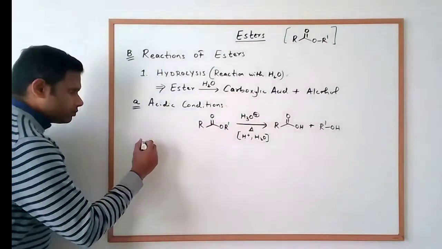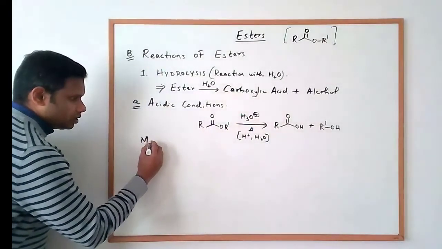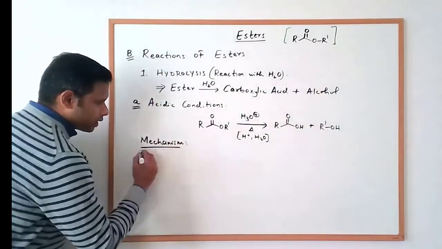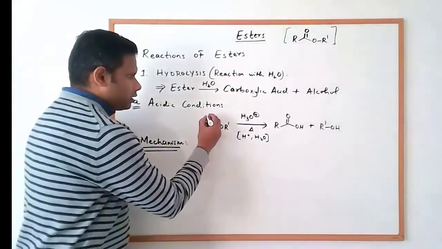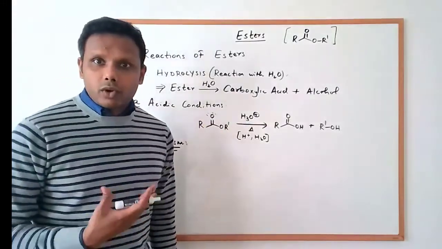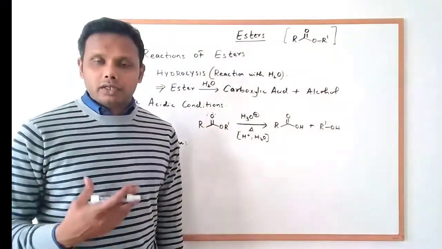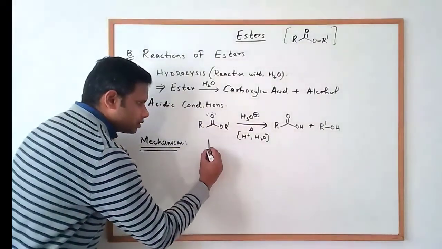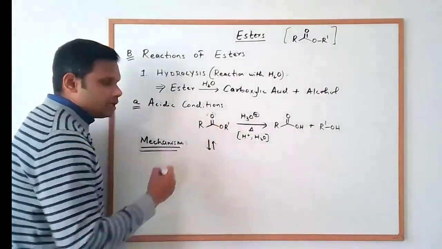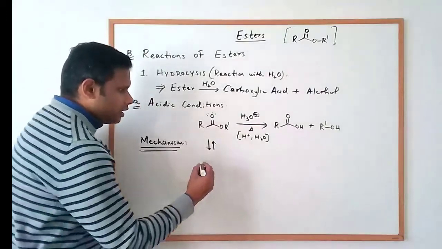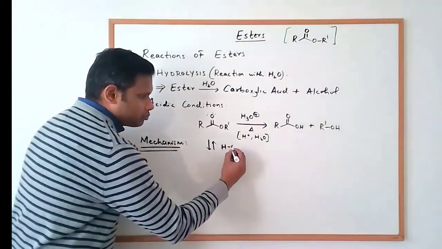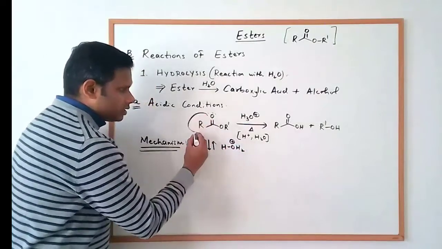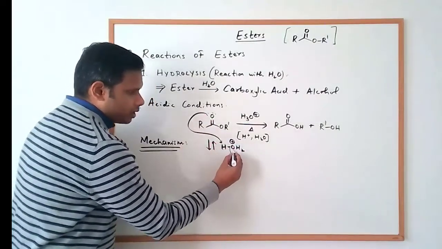So the mechanism of the reaction starts with an initial protonation, or a proton transfer. And like any other reaction involving carboxylic acids or their derivatives, the protonation occurs at the acyl oxygen. The acyl oxygen is what gets protonated. So in presence of an acid, the acyl oxygen gets protonated.